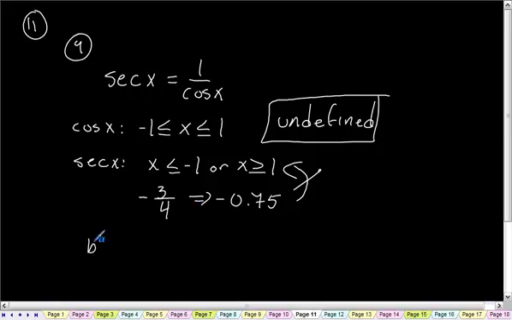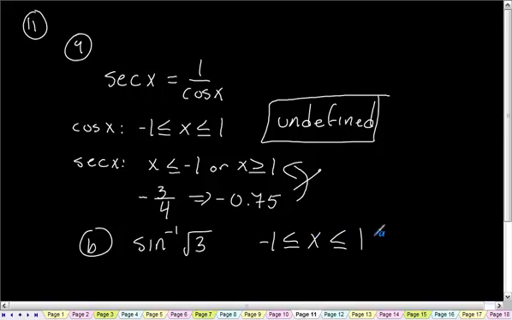B, something very similar. For B, they give you inverse sine of radical 3. Now, is there any angle? The domain for sine is also between negative 1 and 1.